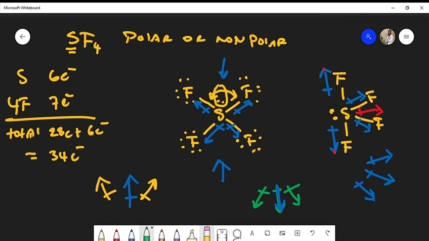So the only other dipole we have is this red arrow. And so the molecule does have a net dipole moment, and so that's why SF4 is actually polar, right? So the correct geometry is good, but as I said before, you could just guess that this molecule is polar just by having the lone pair. But to do it the correct way, you have to get the geometry right, and this is how SF4 is actually a polar molecule.